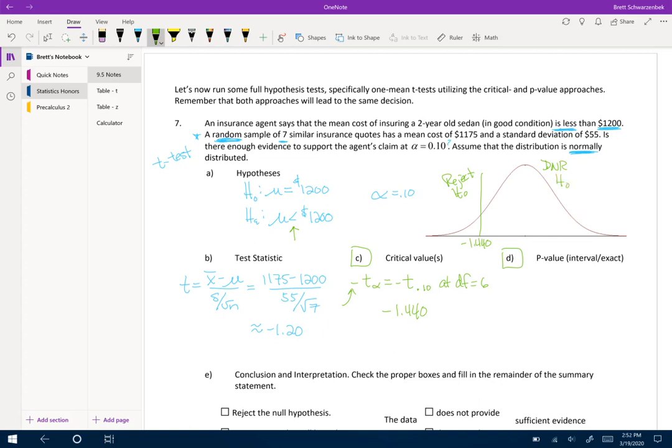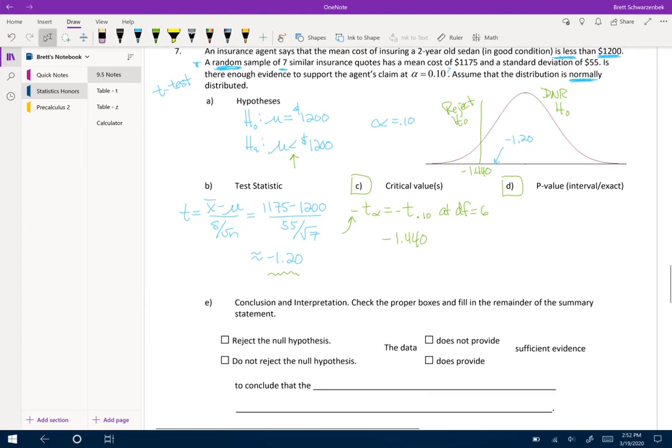All right, the last piece of the puzzle is we have to take our test statistic, negative 1.20, and place it on the graph. If we place it on the graph, we're going to get this as our value. And this is officially looking like it'll be in the do not reject region. So what would be the conclusion?